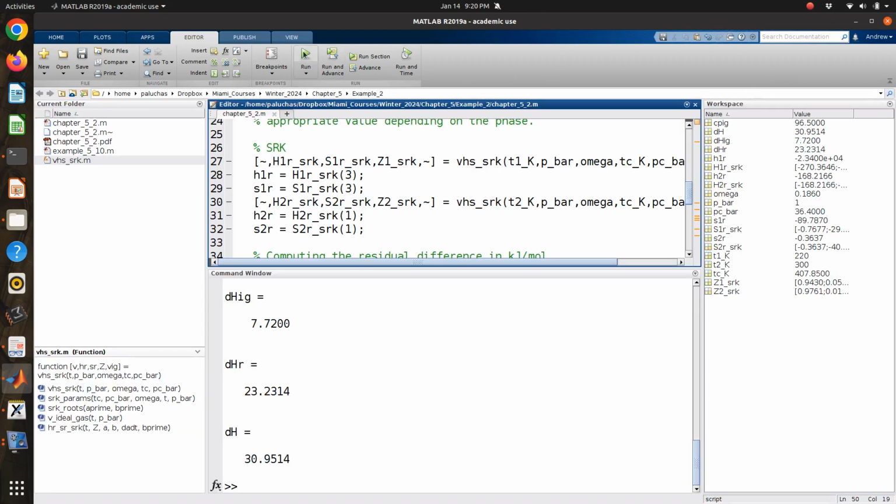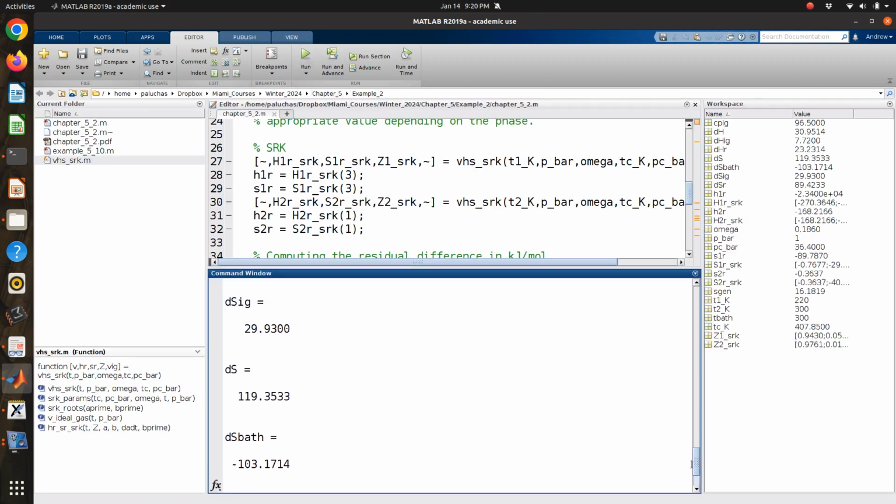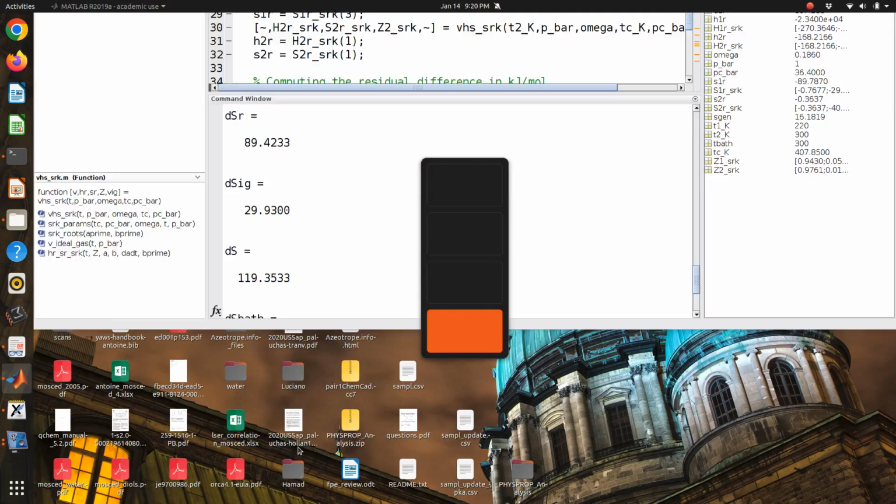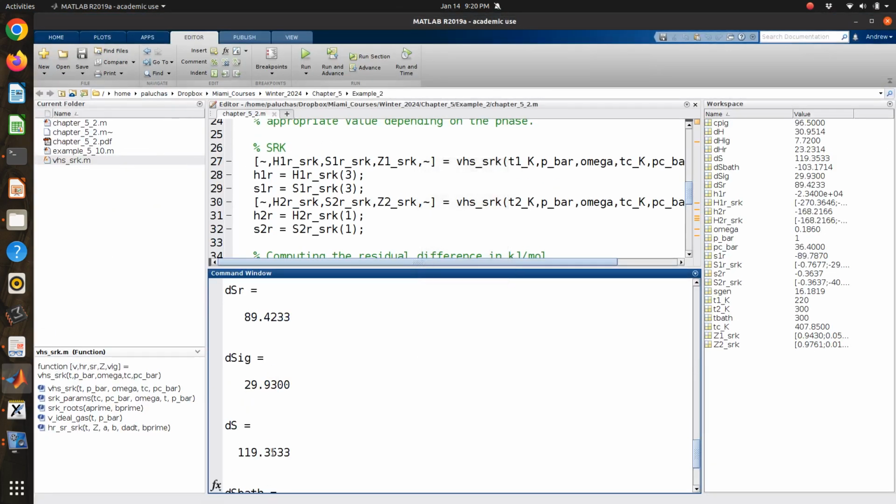So if I run this, now I have my residual change in entropy for my system, the ideal gas contribution, and then the total change in entropy. And that makes sense. Delta S of vaporization is delta H of vaporization divided by T, at the same temperature, but the key is delta S of vaporization is positive.